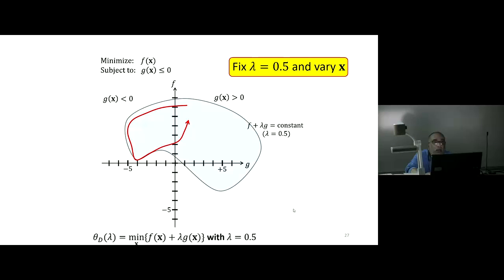At this point, if this were f(x) and g(x), since lambda is fixed at 0.5, we draw a straight line with slope negative lambda, right? And this f-intercept, this point, would give us f plus lambda g. Just f plus lambda g, not the minimum with respect to x of f plus lambda g.